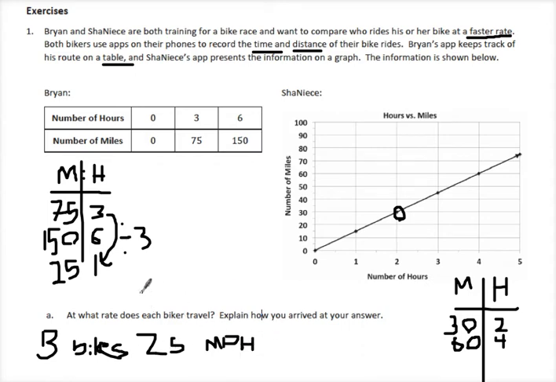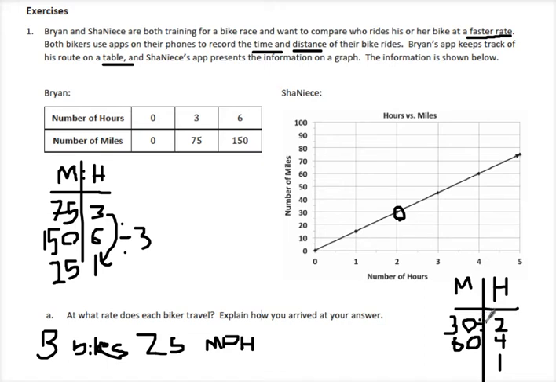All right, now solve how fast Shanice rides her bike. So you could have done it a bunch of ways, but when you're trying to find rate, it's always good to break it down to amount per 1. You're trying to find the unit rate in the rate unit. So amount per 1, going from 2 down to 1, you're basically just dividing by 2.